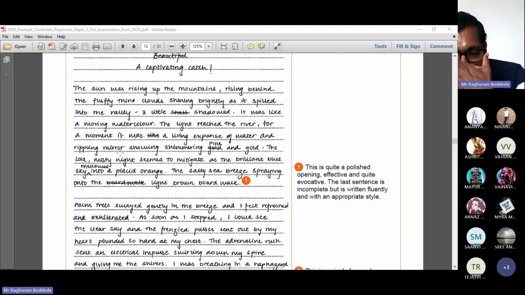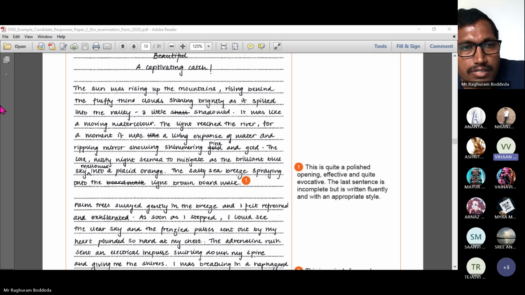The sun was rising up the mountains, rising behind the fluffy misty clouds, shining brightly as it spilled into the valley. It was like a little shadowed, a moving watercolor. The light reached the river.